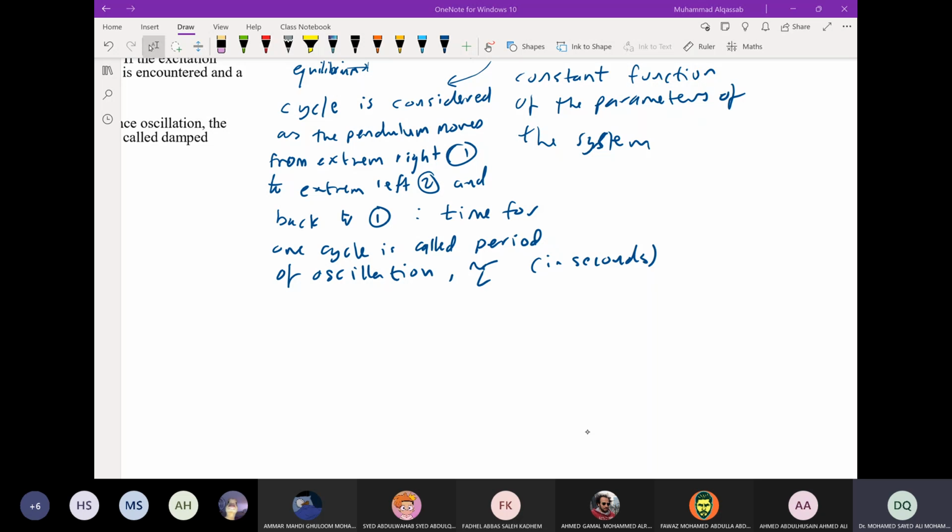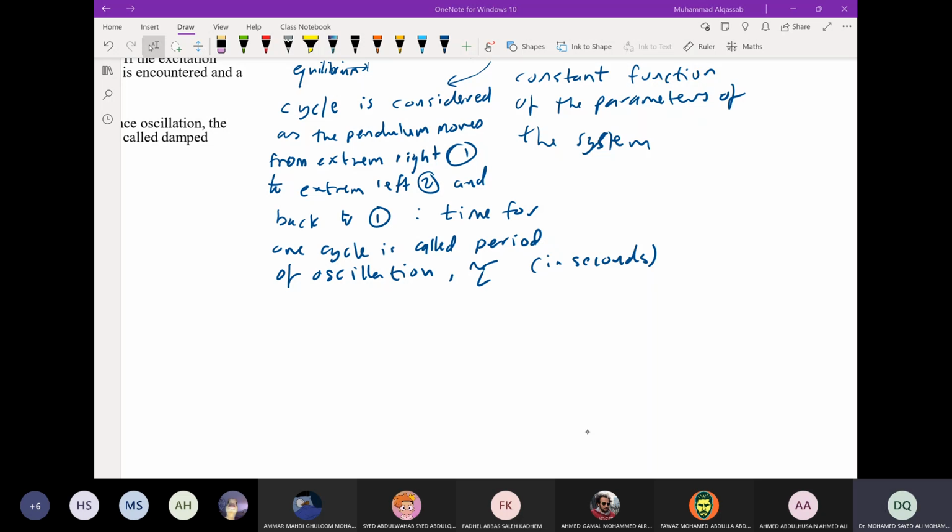So how come we say it is a constant? This is an assumption that omega n for systems with small oscillations will be considered to be a constant. We don't go up to more than 10 or 20 degrees, or take 90 degrees.